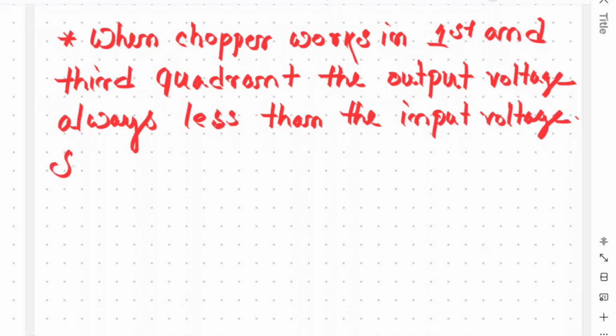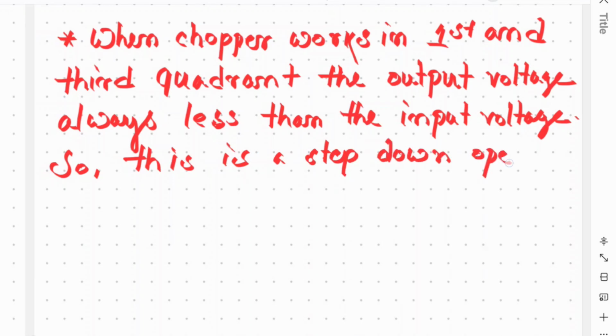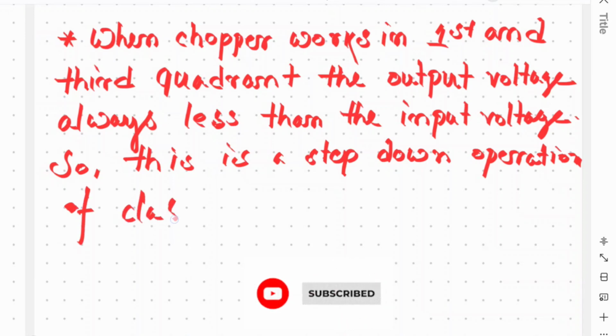So this is a step down operation of the class E chopper.